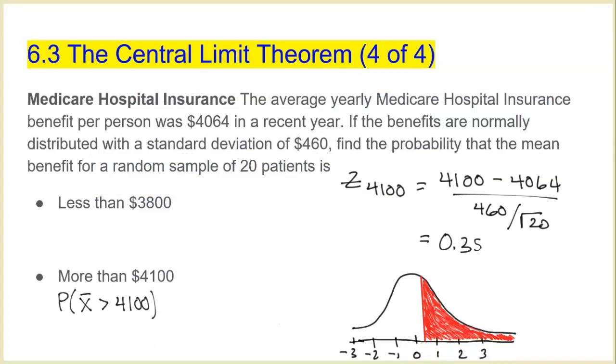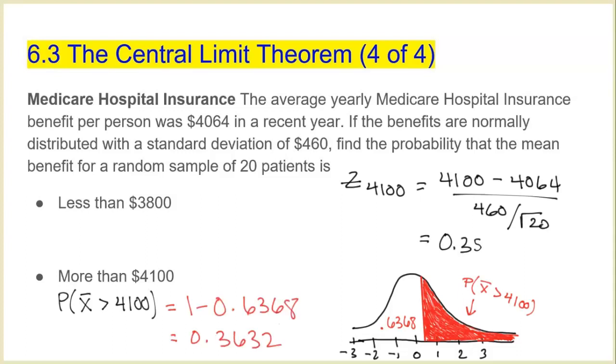And the number that we got was 0.6368. So that probability, this in red, would have to be less than that number, right? 0 is the 50% mark, and I have less than that shaded in. So hopefully that is kind of a little red flag to you, like, oh, it says 0.6368. That couldn't be the answer. So I must have to subtract that from 1. And then the likelihood that the average benefit for a sample of size 20 is more than $4,100 is going to be about a 36% chance.